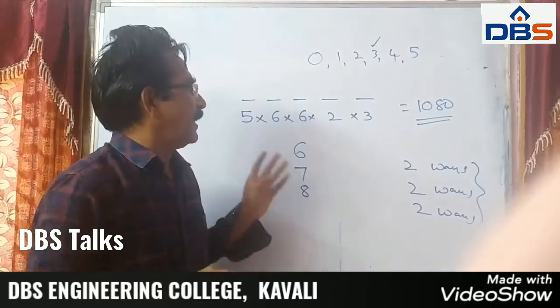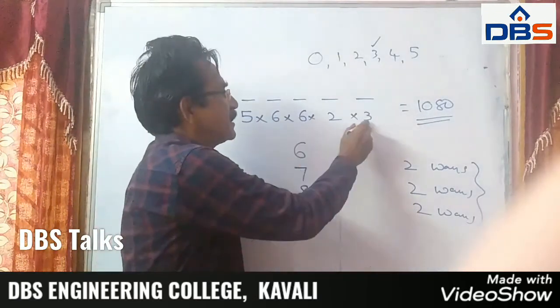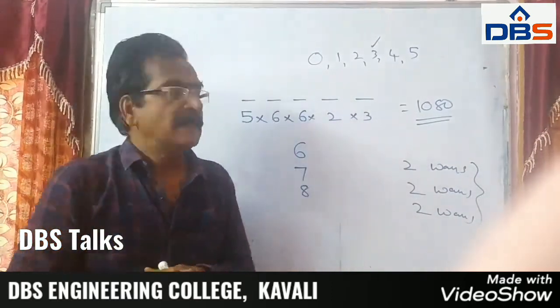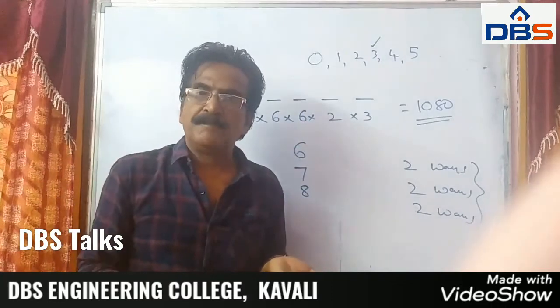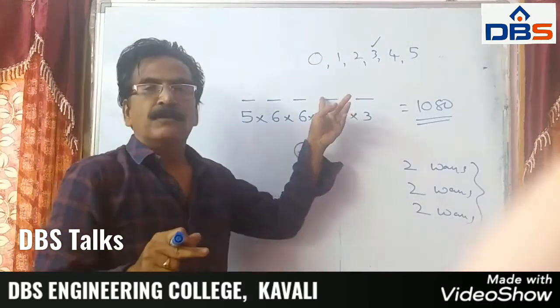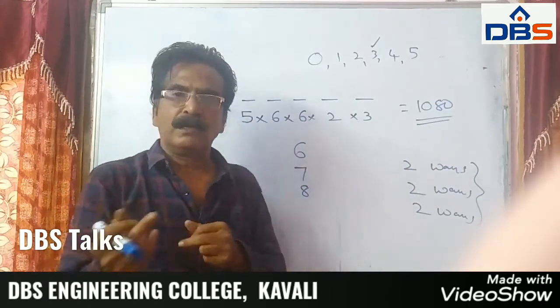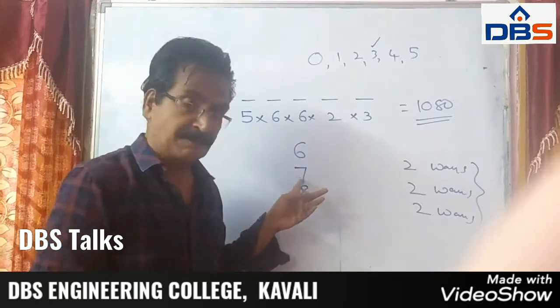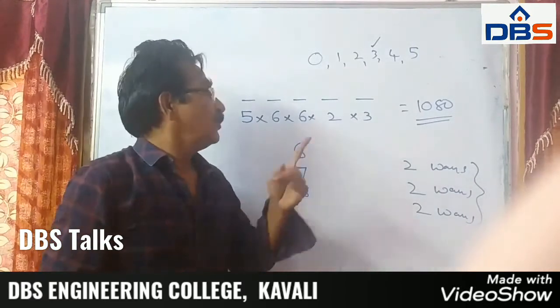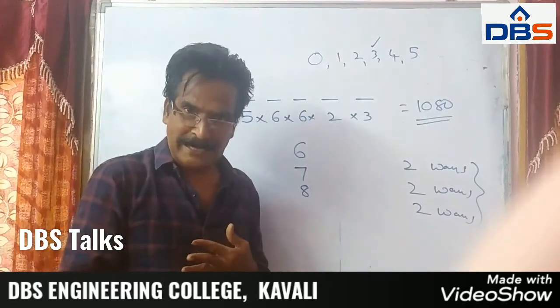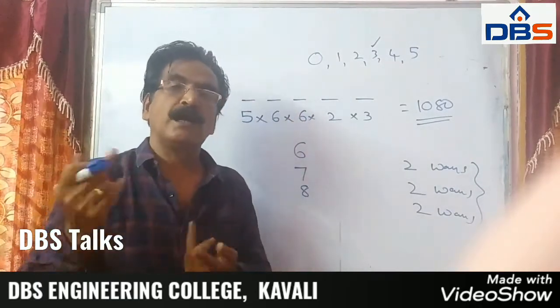So try to understand. If the sum of these 4 digits is a multiple of 3, fine, we can put either 0 or 3. If it is a multiple of 3 plus 1, say 7, then we can put 7 plus 2, 9, or 7 plus 5, 12, either 2 or 5.